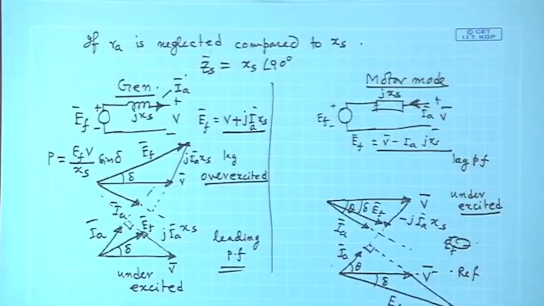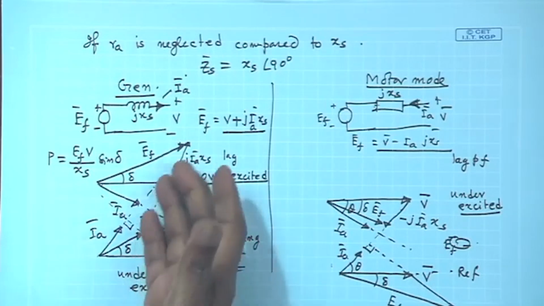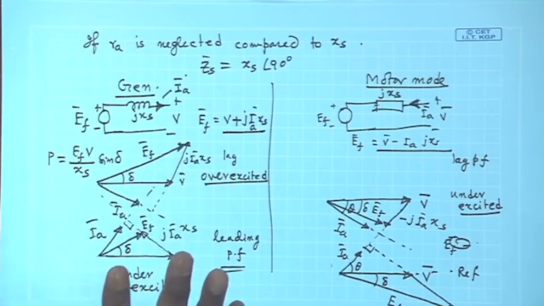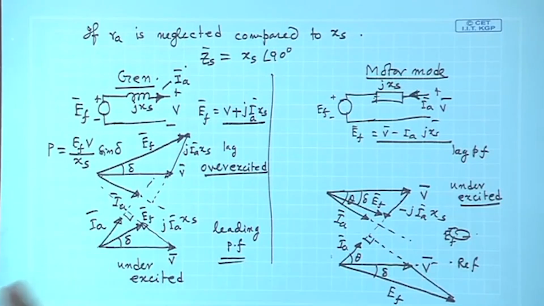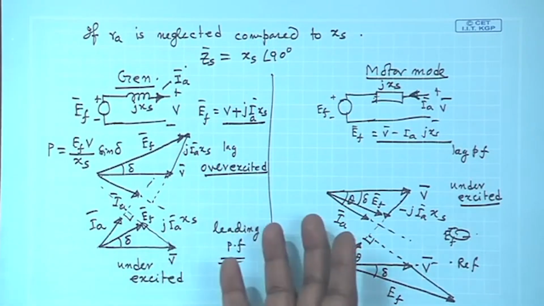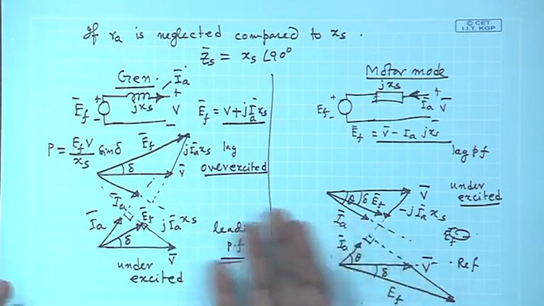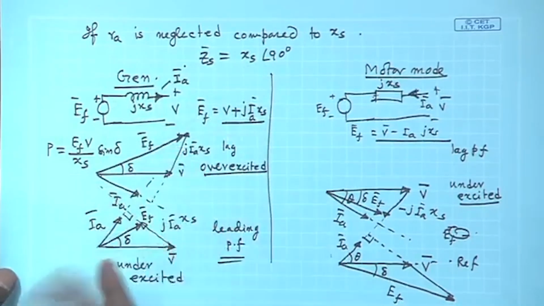In my last lecture I was telling you that the phasor diagram is an important thing for the synchronous machine, and computation will be very simple. If you have a scientific calculator, for a given operating point, if delta is given, or delta is not given, if RA is neglected, you can go straight ahead.